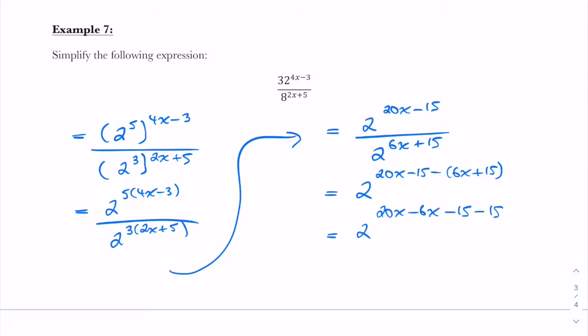Final answer after collecting like terms is 2 to the exponent of 14x take away 30. And that would be a suitable final answer.